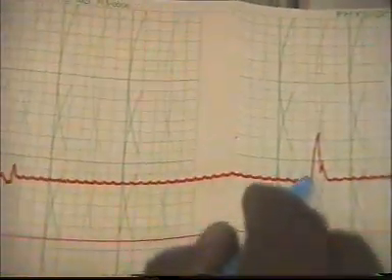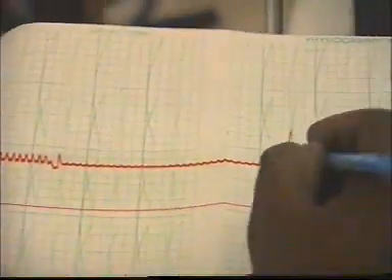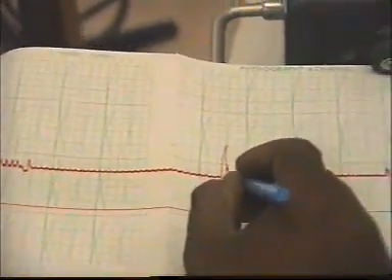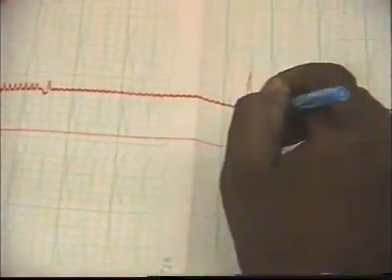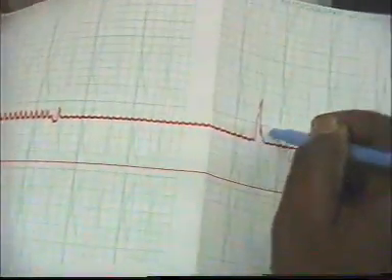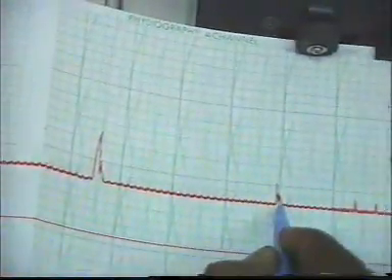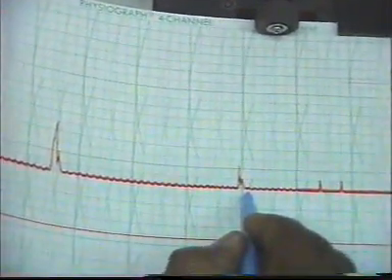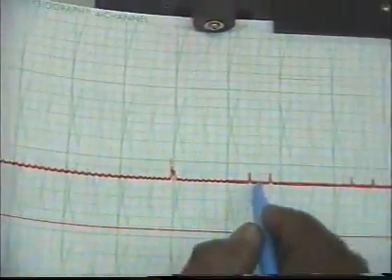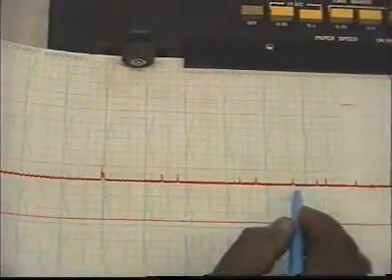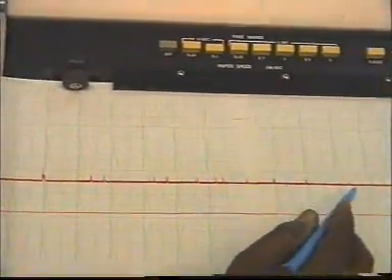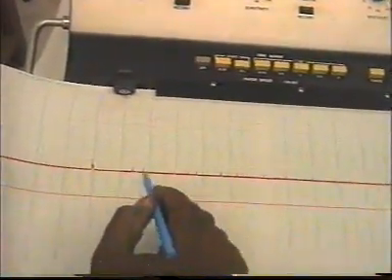Here we apply the second ligature. When we tie the ligature, it jerks. But after a time, the ventricle starts to contract. See here, this is a ventricular contraction after the application of the second Stannius ligature.